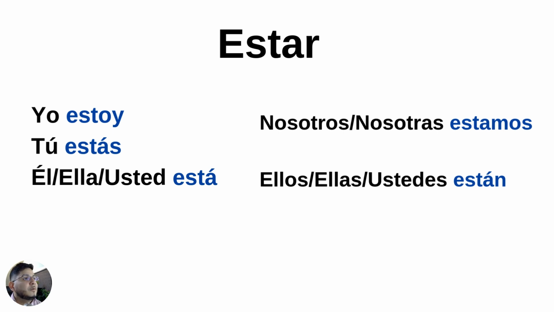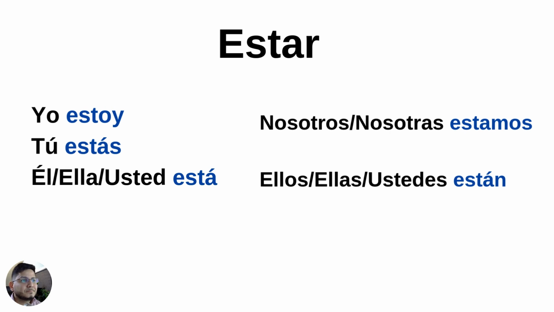Remember, any irregularity that doesn't follow the same exact patterns of regular verbs makes the verb irregular. So that's why estar is irregular. Other than that, it has the same endings o, as, a, amos, an, all the same endings as regular AR verbs.